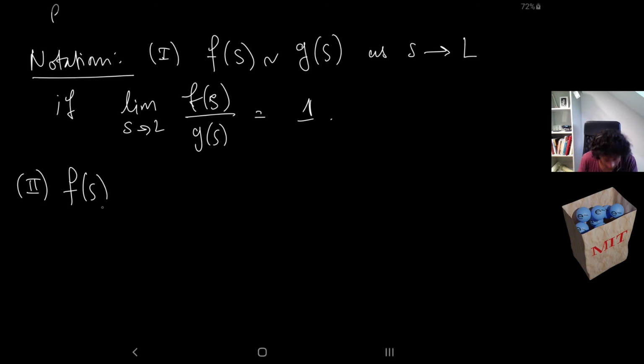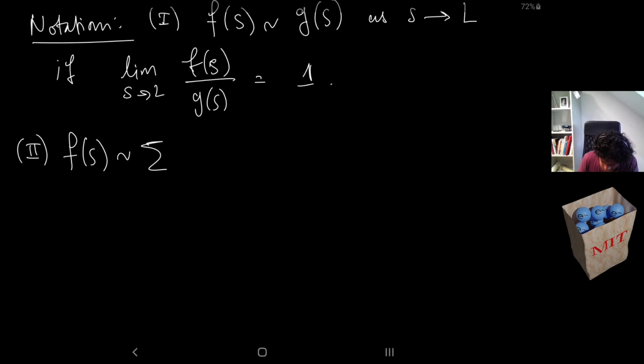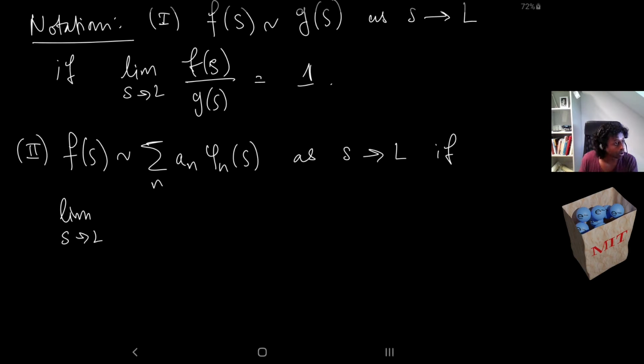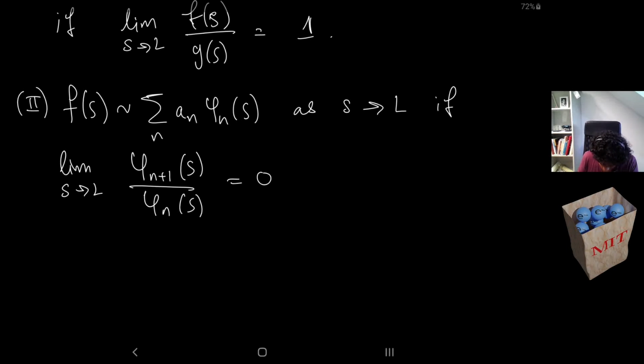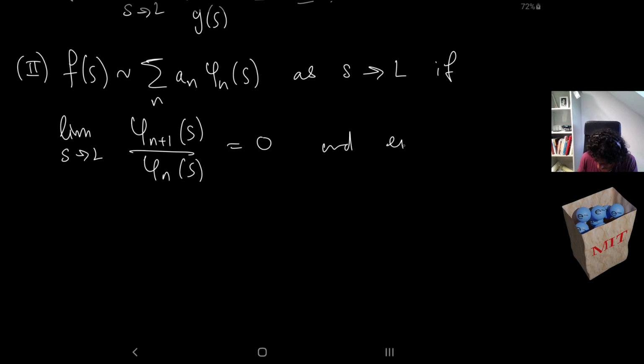And we can ask the same in terms of an expansion. We can say that f is similar to the expansion sum of a n phi n of s as s goes to some limit L if the limit as s goes to L of phi of n plus 1 of s over phi of n of s goes to 0, and either one of the following are true.